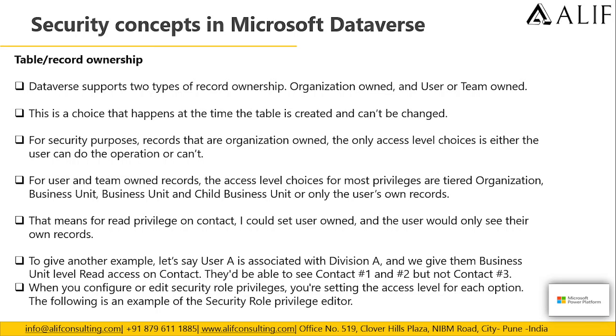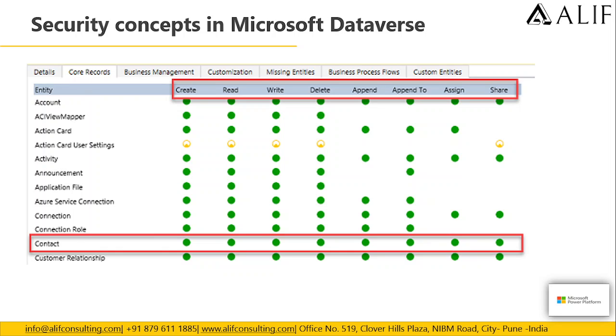When you configure or edit security role privileges, you're setting the access level for each option. The following is an example of the security role privilege editor that will be shown in the next slide. So as you see in this slide, you can see the core records, right? The entities are the tables. So you can see account, ACI, view mapper, action card, activity, all those are tables within Power Platform or Microsoft Dataverse.